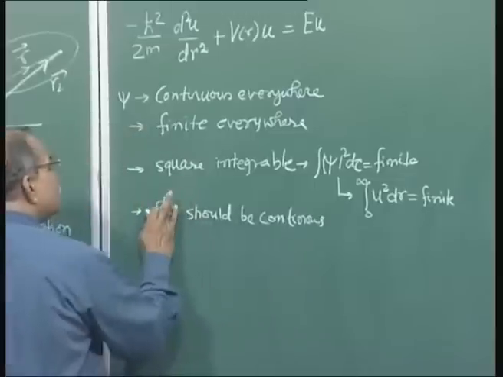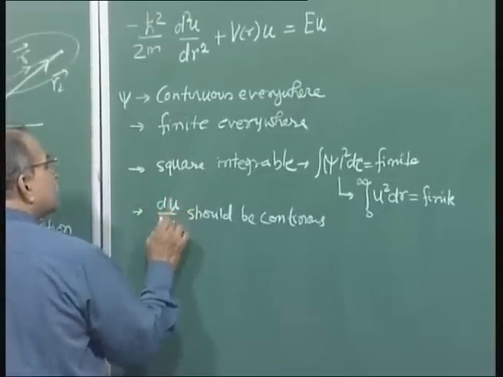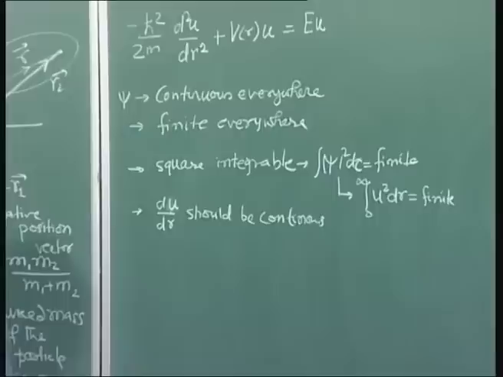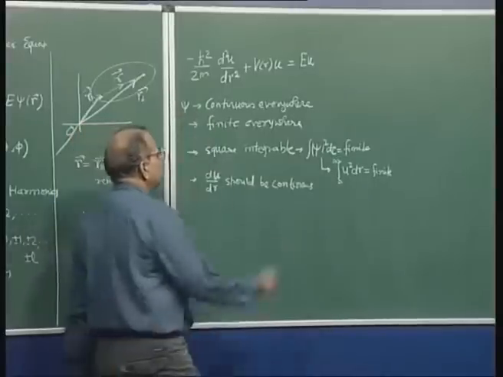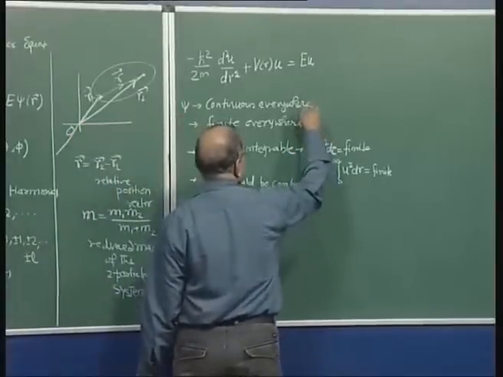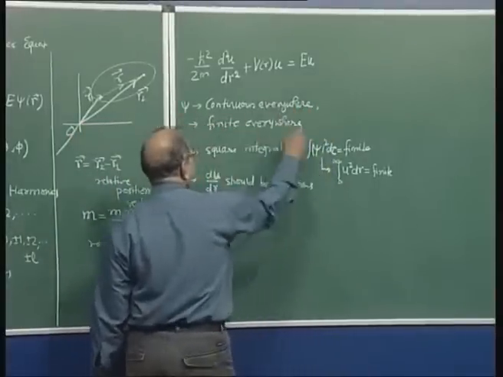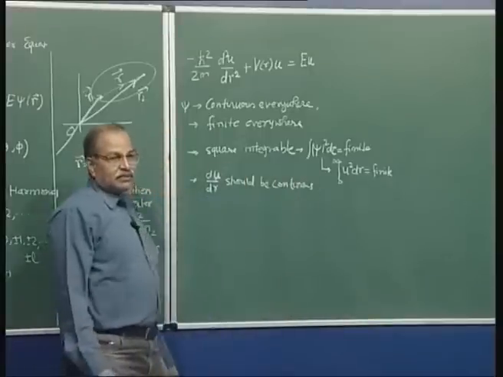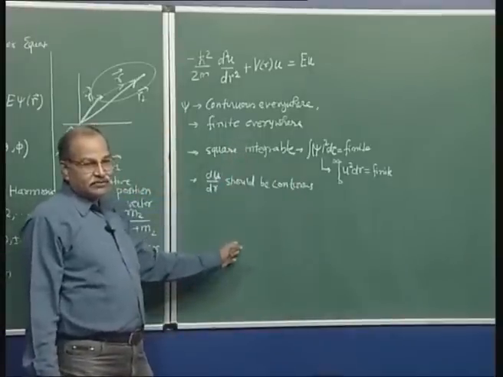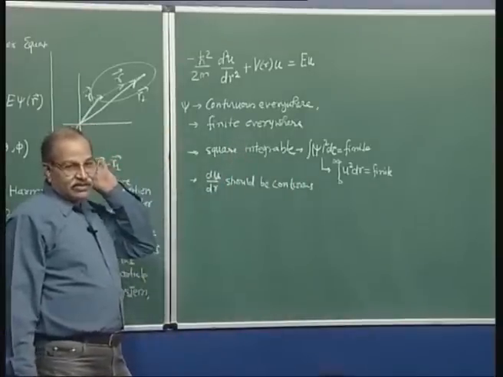In terms of u, it will be du dr becoming continuous. Psi continuous means u continuous, u finite, u square integrable and all those things. The theta phi part is anyway constant.